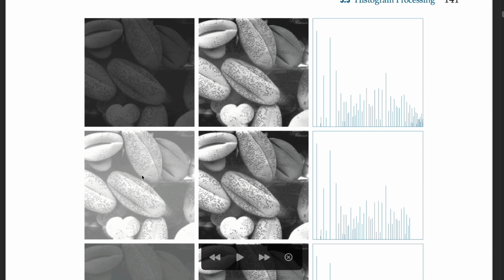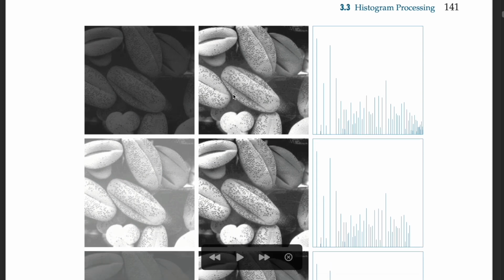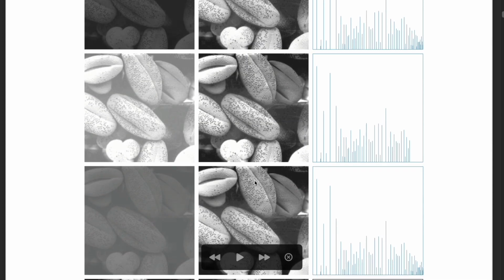Now let us see this one. Originally the histogram was situated on the right hand side, but after applying histogram equalization, it is again spread out. All the intensity values are now spread out, and we can see that even if we start with a dark image, even if we start with a light image, we get a similar kind of image after applying histogram equalization.